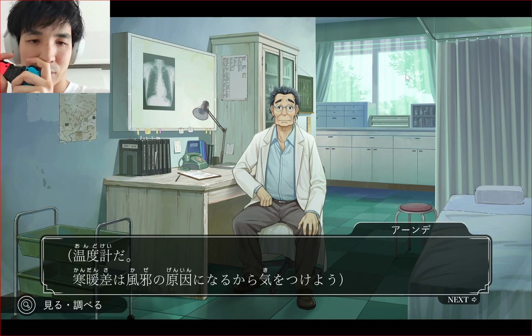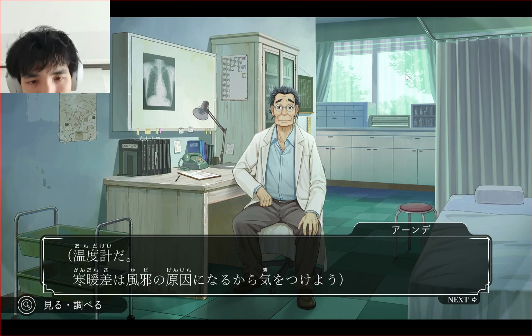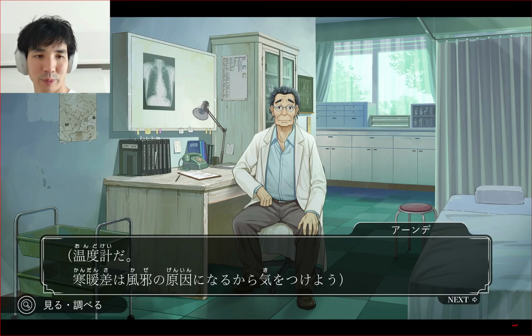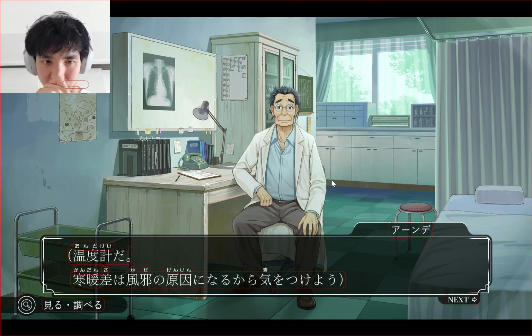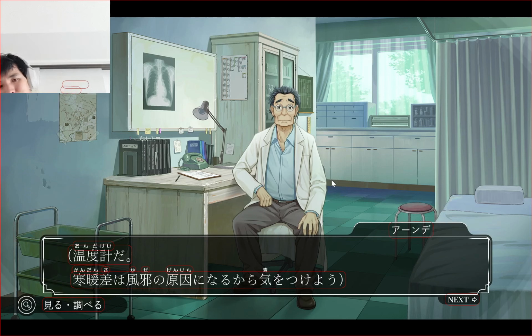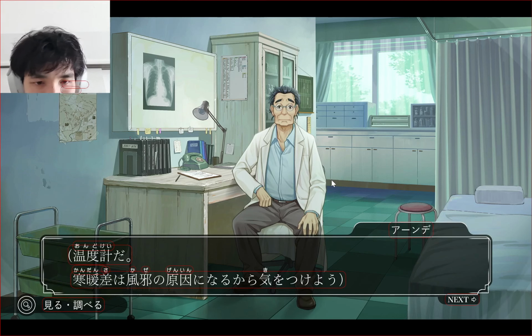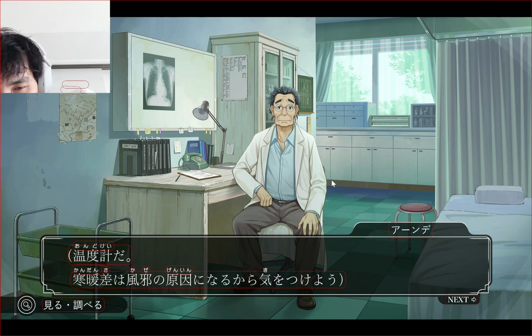The cause of a cold. Kondansa, temperature difference. So the temperature difference becomes the source of a cold, so be careful. Yeah, take it.